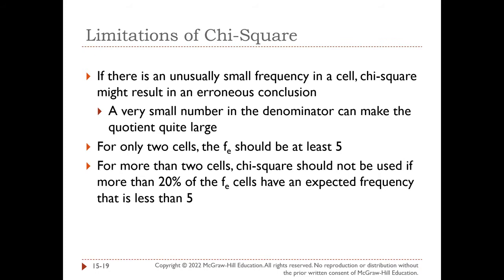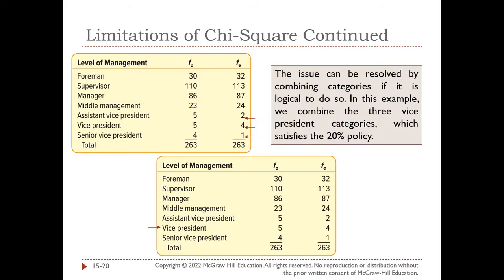Okay. So, to give an example of this, we have the level of management. Notice that the issue can be resolved mostly by combining categories, but we have 3 out of 1, 2, 3, 4, 5, 6, 7, which is more than 20%, that are under 5.